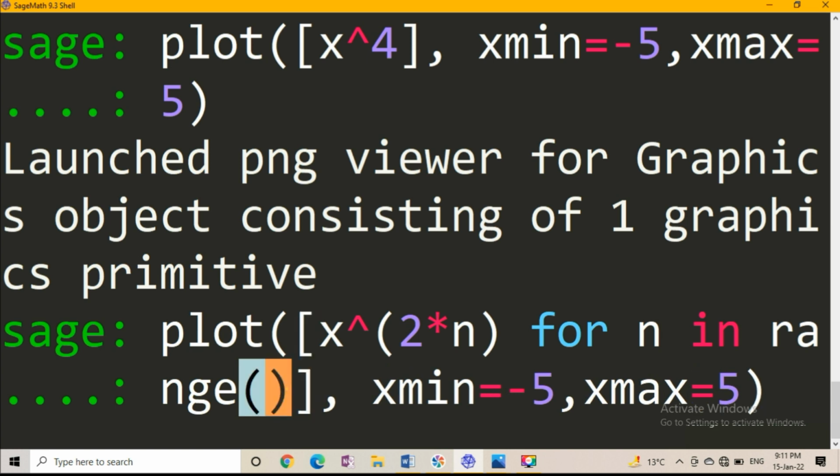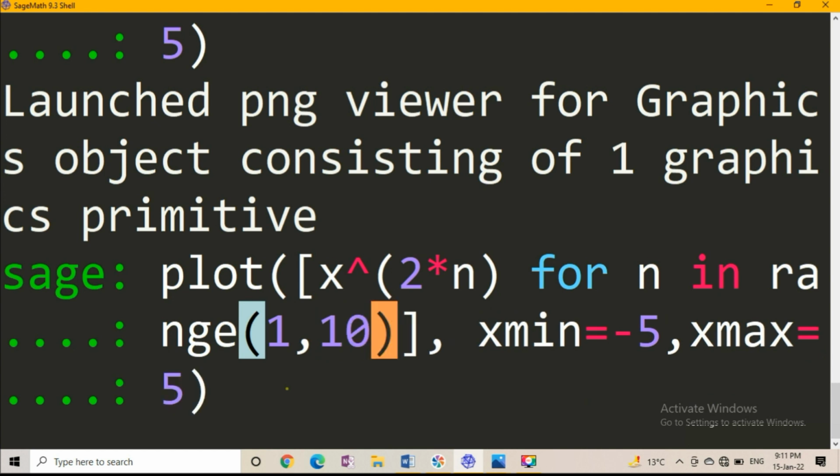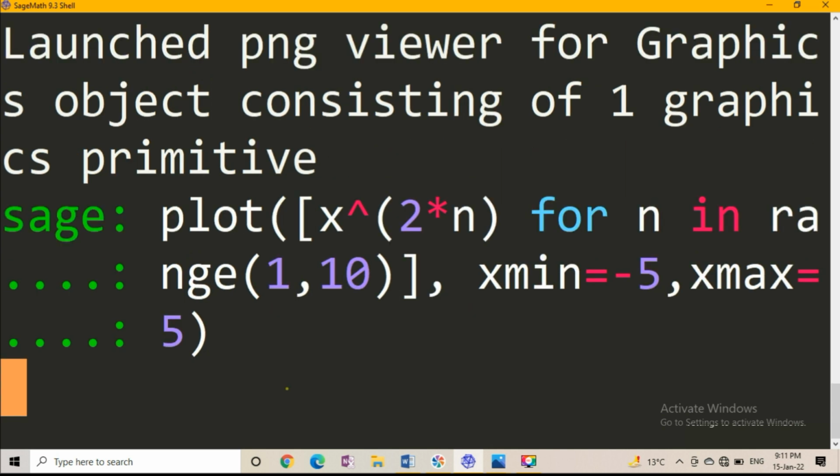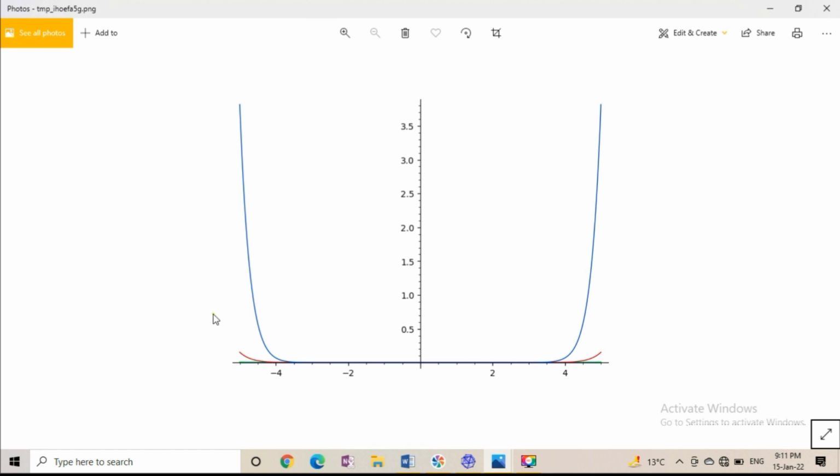Now you take the range from 1 to 10, you can take any value, we take 1 to 10 for convenience. So we press enter, then you get the graph of this.